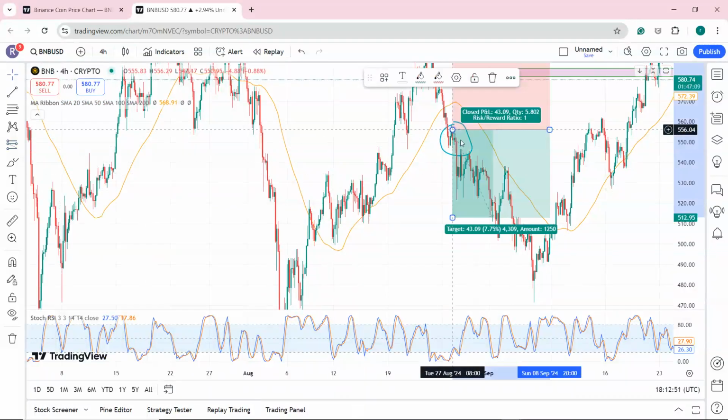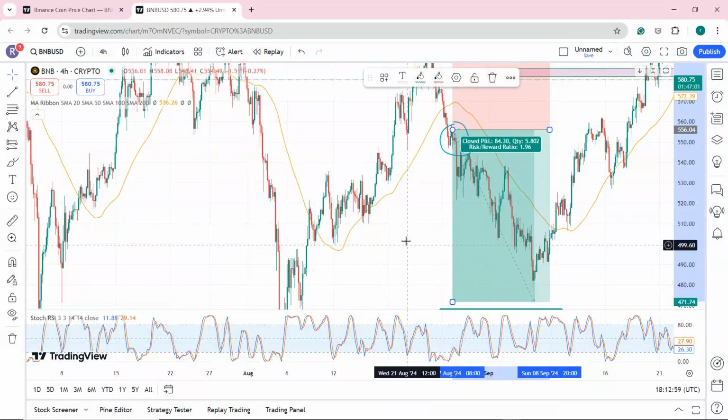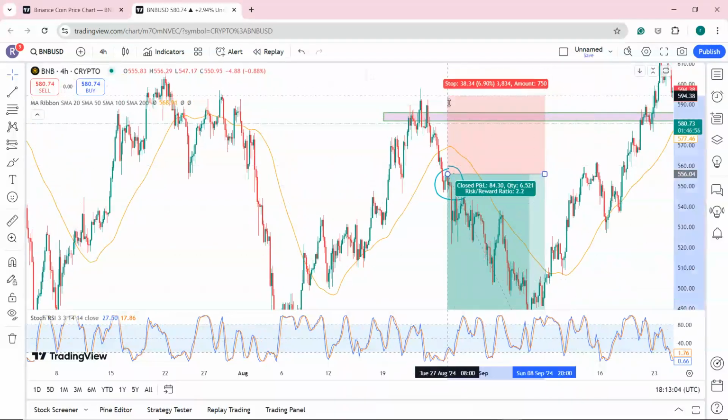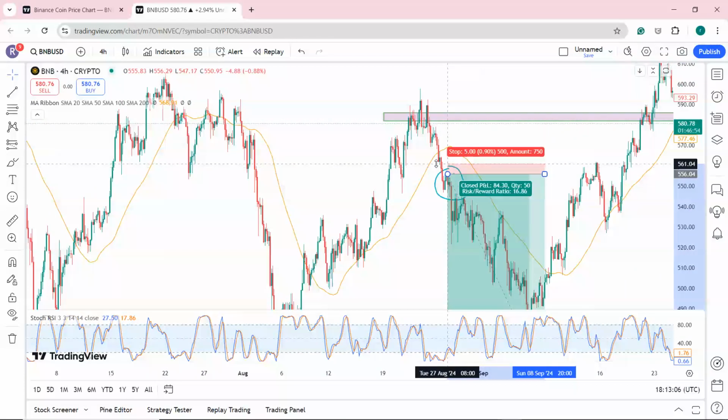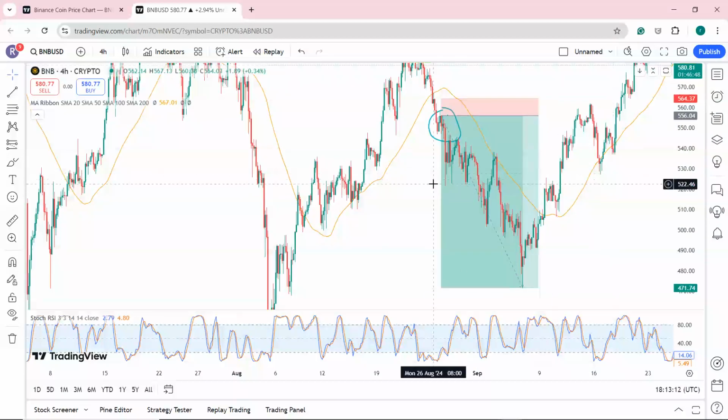So we take it from this level, then you draw it down. All right, and this is our entry level. Okay, let's assume this will be our stop loss. All right, so let's take a look at this thing now. Click on it.